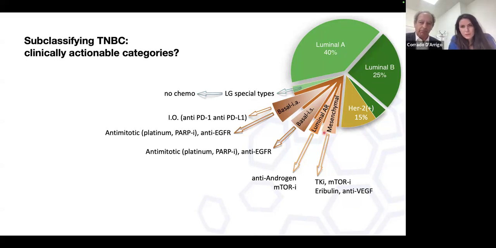But these are the triple negative breast cancers. Some of them are immune-activated basal, some of them are immunosuppressed basal. They have different changes, they are enriched with different things, and they will be more or less amenable to certain therapy. And I kind of raised the awareness of the luminal androgen receptor positive, because it is at least one of these triple negative breast cancers that we can identify quite robustly.